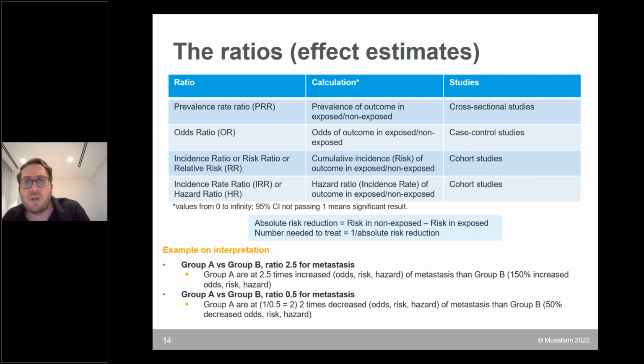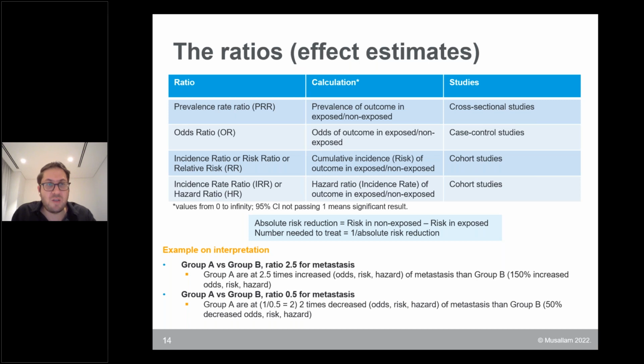So when we talk about ratios, it means, okay, I got the odds of something in group A, and then I got the odds of the same thing in group B. Odds ratio is this over that, as simple as this is. So if we said, for example, for the prevalence, group A, which is patients coming from Spain into the UAE, 20% of them had COVID on entry to the airport.